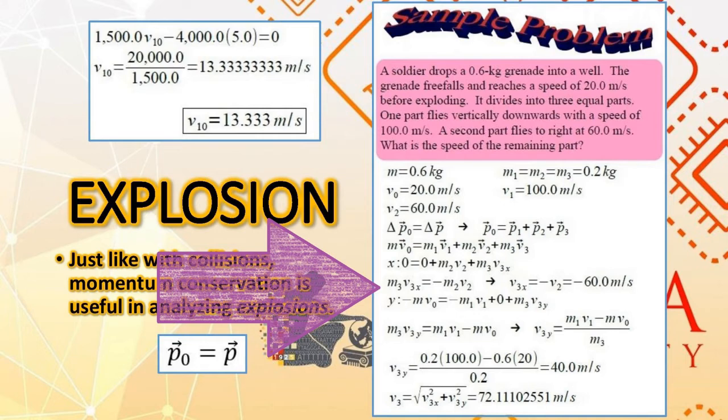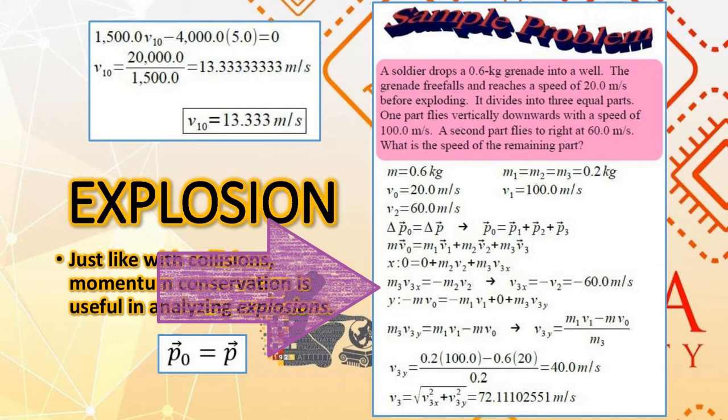Using the component method, x component. V initial is vertically downwards. The object was free falling, so heading downwards. No horizontal component, so m v initial is 0. The first part, m1 v1, is heading vertically downwards, so no x component also.